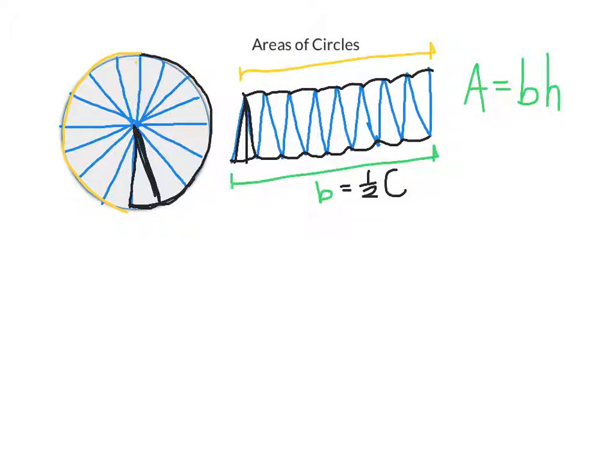So our formula now becomes the area of a circle equals 1/2 of the circumference times the radius, because the radius is exactly the height.